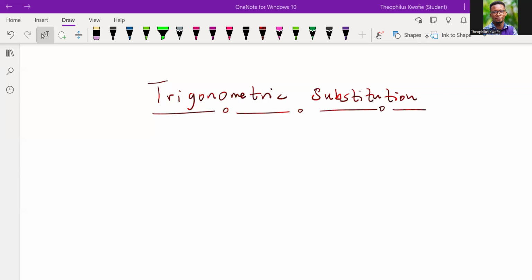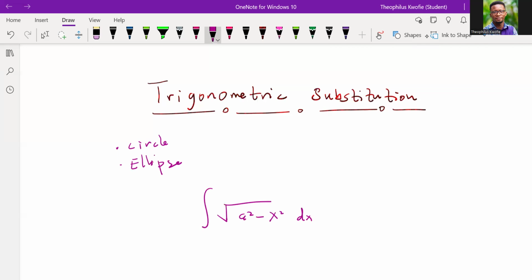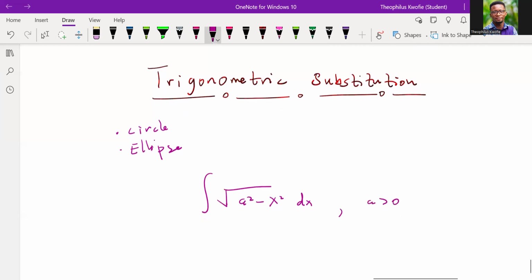Let's get going. So in finding the area of a circle or an ellipse, sometimes an integral of the form arises, where we state that the constant a is positive.